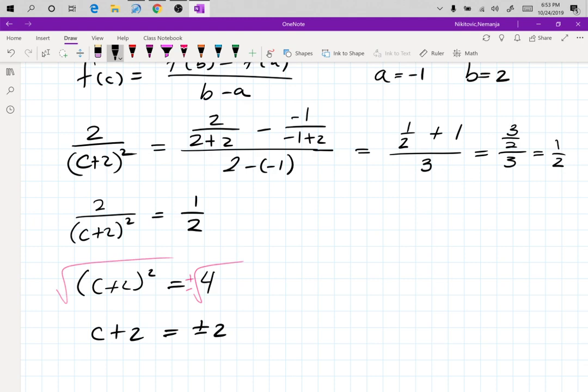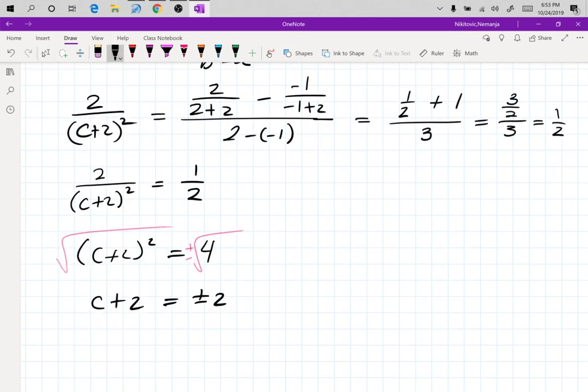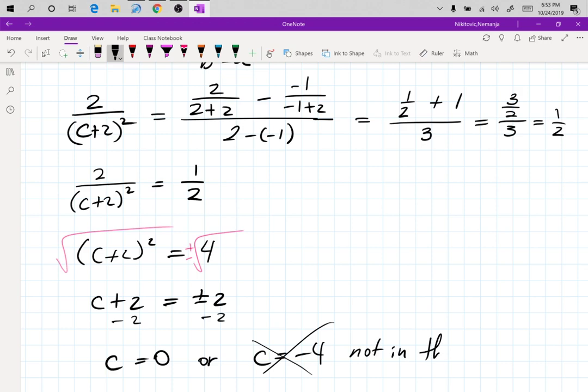And now we're going to subtract 2 on both sides. So C is either going to be 2 minus 2, 0, or C equals negative 2 minus 2 is negative 4, which we dropped because it's not in the domain. And the only value we care about is this one.